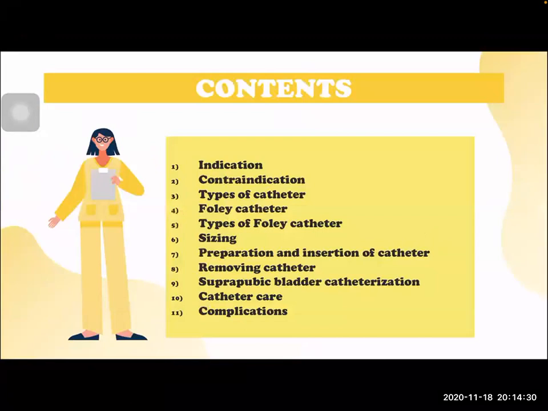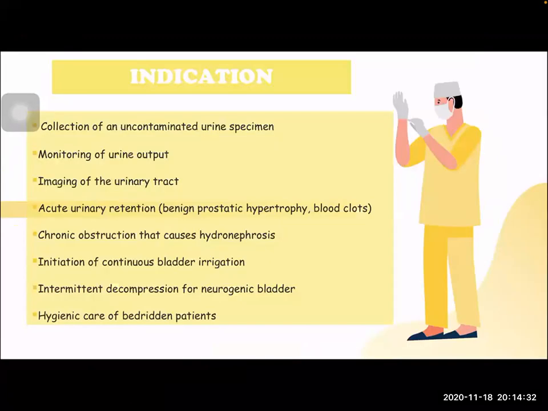So continuous bladder drainage is indicated, for example, to collect sterile urine specimens, and also to monitor the urine output of the patients, or we do it before imaging of the urinary tract. And also we can do it for acute urinary retention, for example, in the case of benign prostatic hypertrophy or when there are blood clots that prevent the outflow of urine.